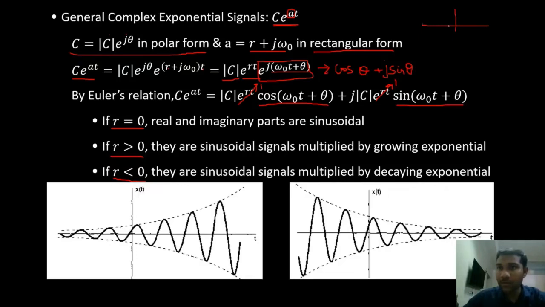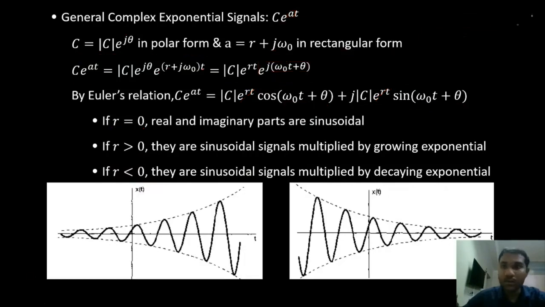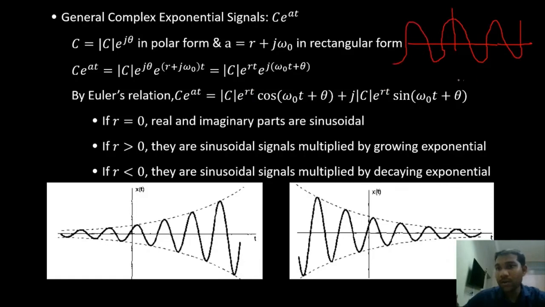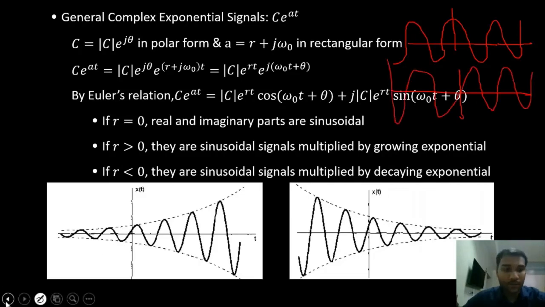The real part will be a cos signal and the imaginary part will be a sine signal, right? Something like that.